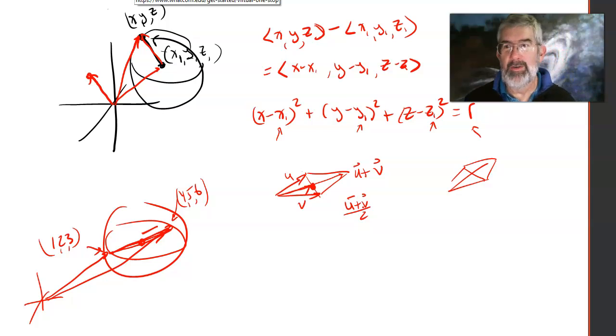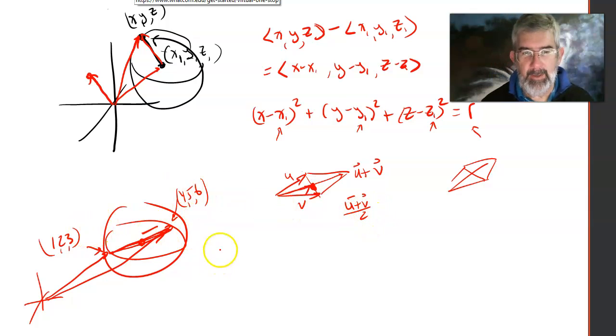If I have two numbers, 7 and 13, and I want to know the number exactly in the middle, I take the average. I add them up and divide by 2. 7 and 13 add up to 20, divide by 2, 10. 10 is right in the middle. If I've got two vectors and I want to find the point right in the middle, I just add them up and divide by 2.